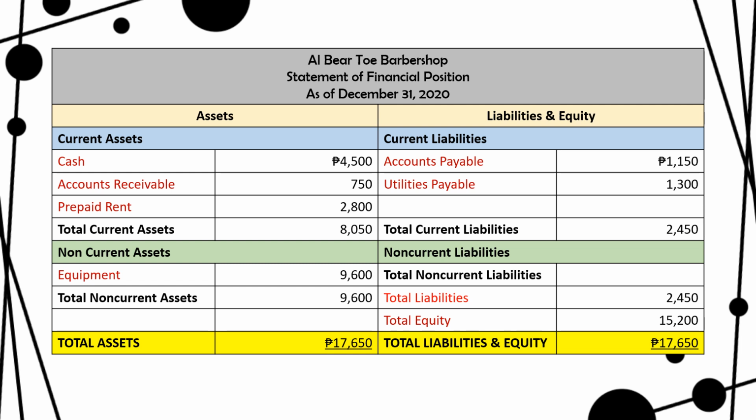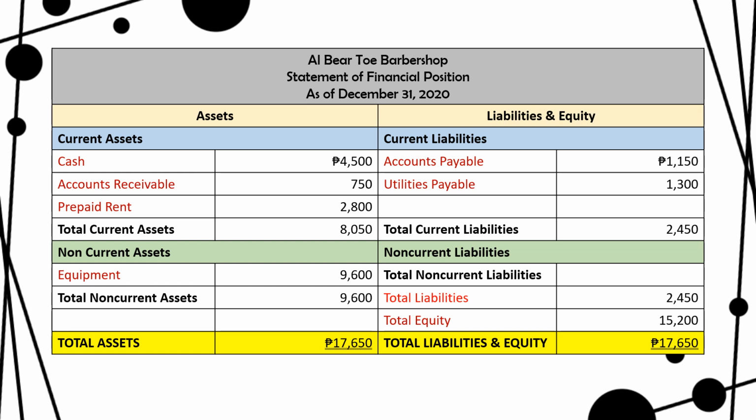ang total assets. For the next part, we have the liabilities and equity. Uunahin muna natin syempre ang total ng current liabilities. Isasama natin kung meron sa non-current liabilities. Pag nakuha na ang current and non-current liabilities, pagsasamahin para makuha ang total liabilities.